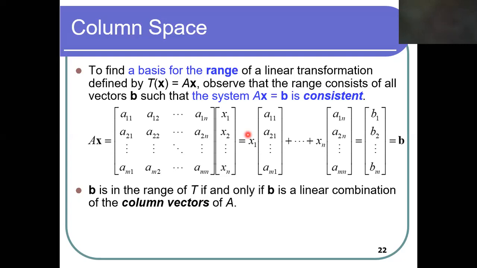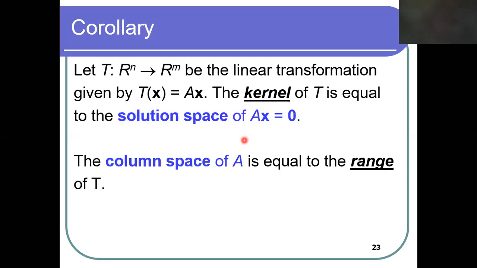So let us understand this with the help of one example. What does column space mean? The kernel of a transformation means we have to find the solution of a homogeneous system, and the column space of A is equivalent to the range of the transformation. It means I find all those elements of the codomain which give me some output B in AX equal to B, all those B that give me a consistent solution.